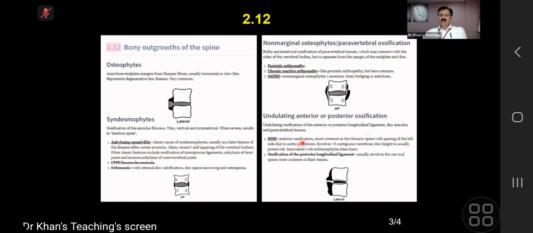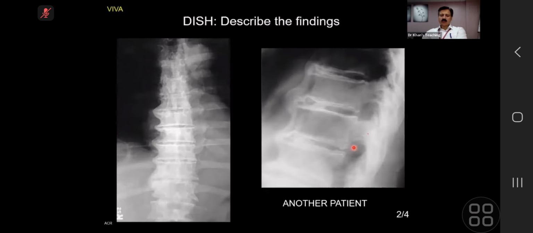And in this, most probably there are more than 3 continuous vertebrae involved. One of the pathognomonic findings described for the thoracic spine, candidate 6, can you tell me what are the pathognomonic findings described in the thoracic spine, exam findings, as far as DISH is concerned? This is a specific question.